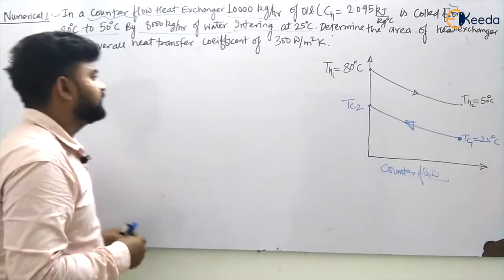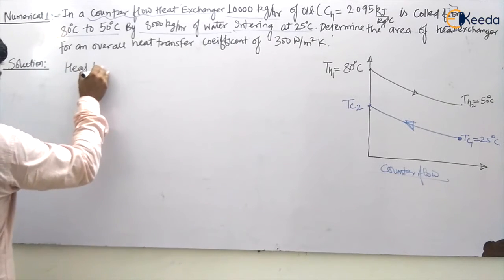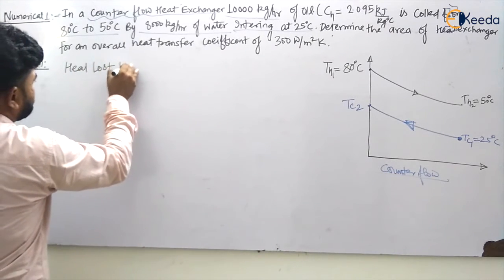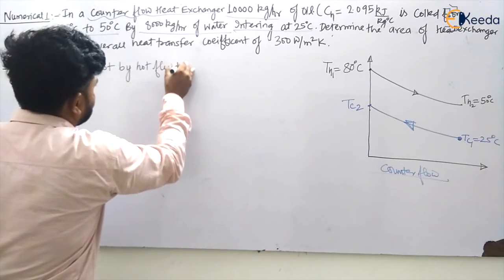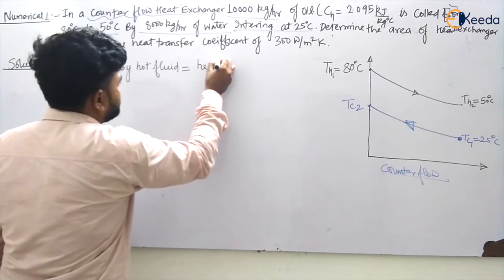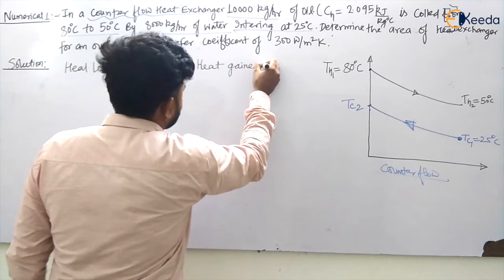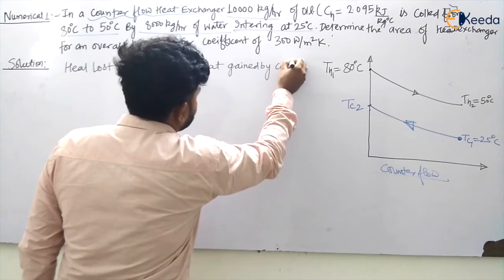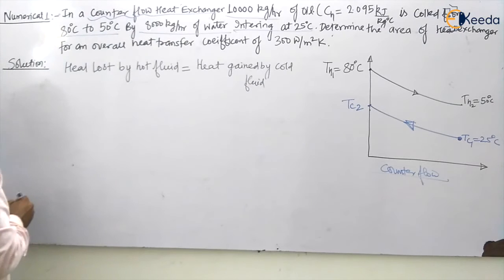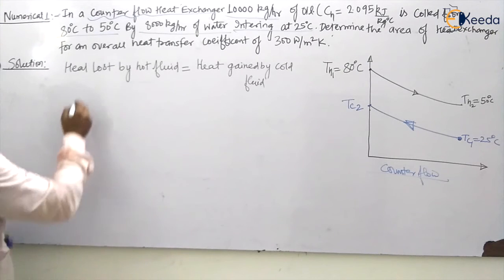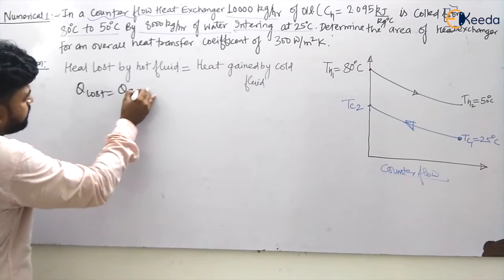Let us apply that heat lost by the hot fluid is equal to heat gained by the cold fluid, my dear students. So Q lost will be equal to Q gained.